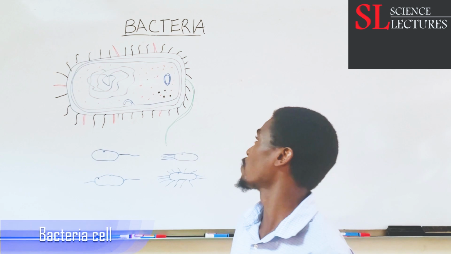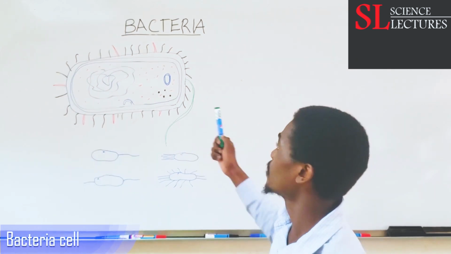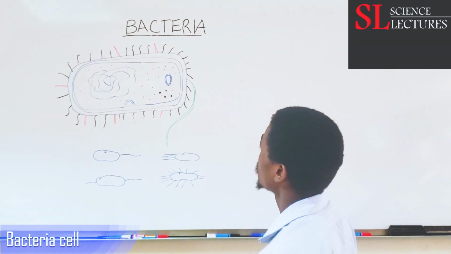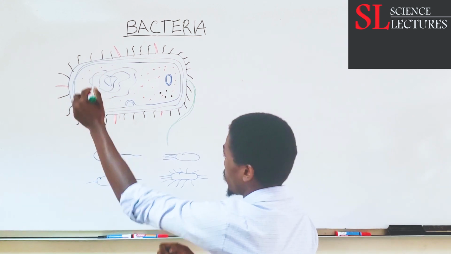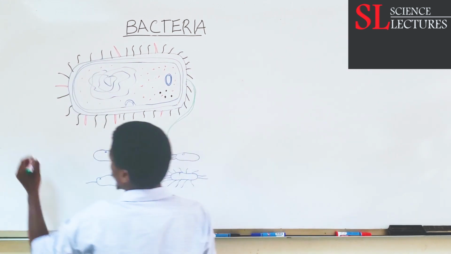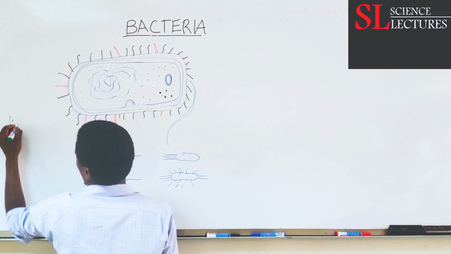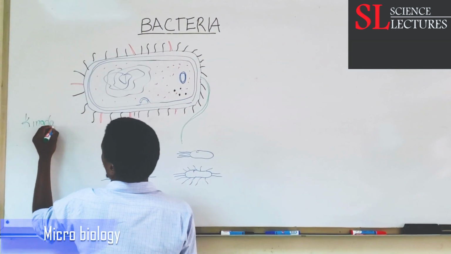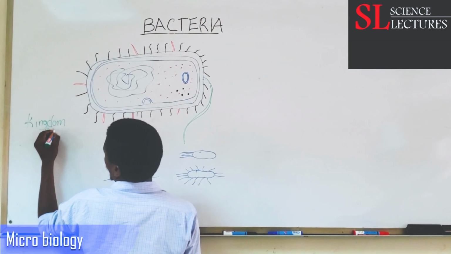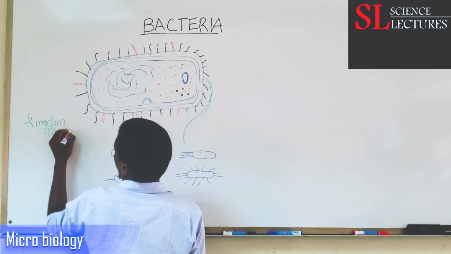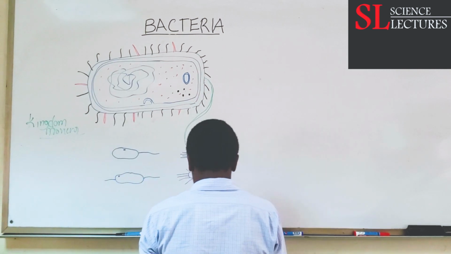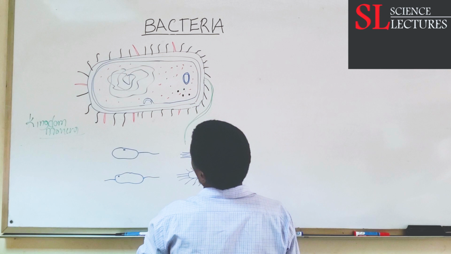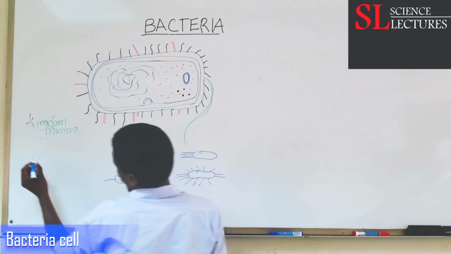Thank you. So today we are going to specifically look at the bacterial cell, and the bacterial cell falls under the kingdom. So we need to know the kingdom where it falls under. It falls under kingdom Monera. And under this kingdom Monera, we have two basic things.